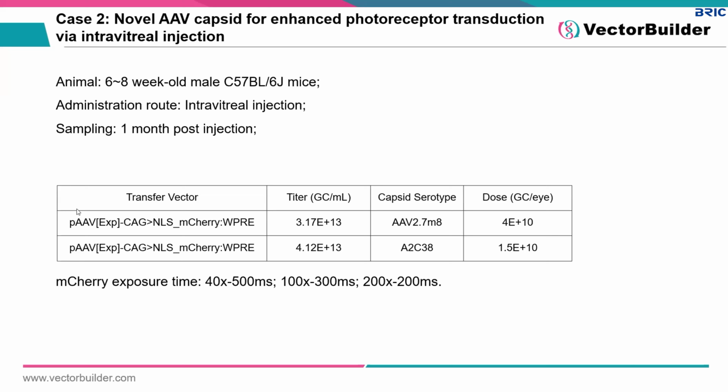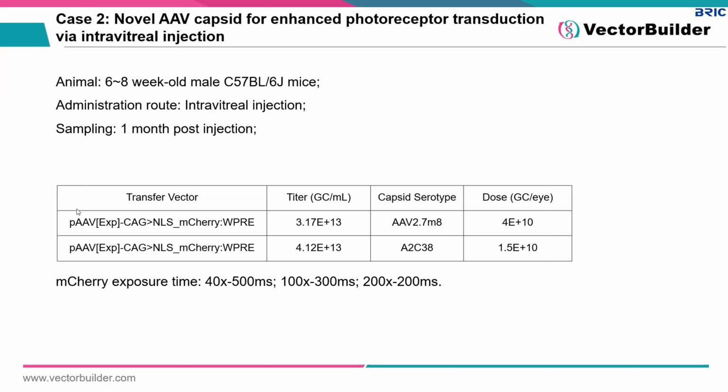Through a similar method, we generated the library, and then we do virus packaging, and then we do the in vivo study. And when we do virus packaging to validate the mutants' capability, we use this transfer vector for reporter expression.